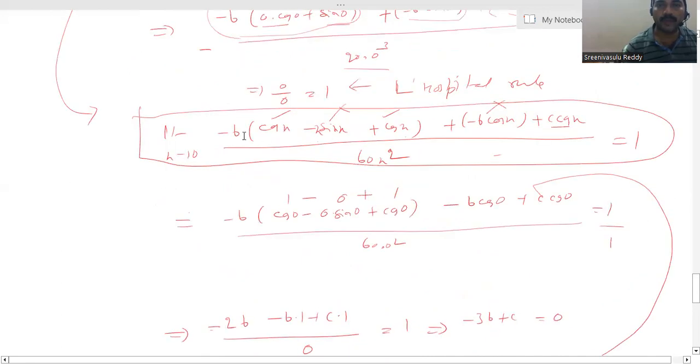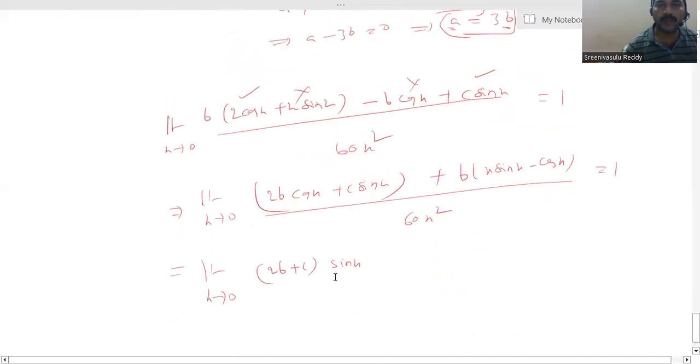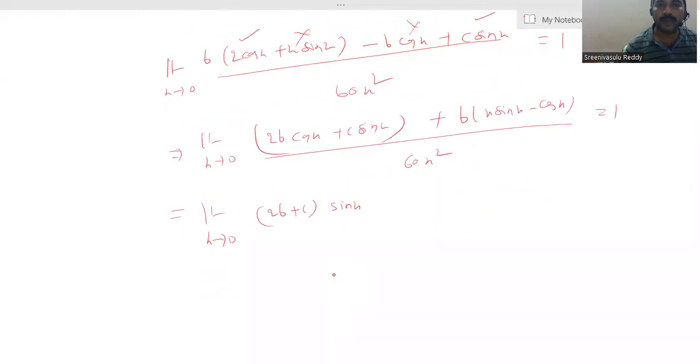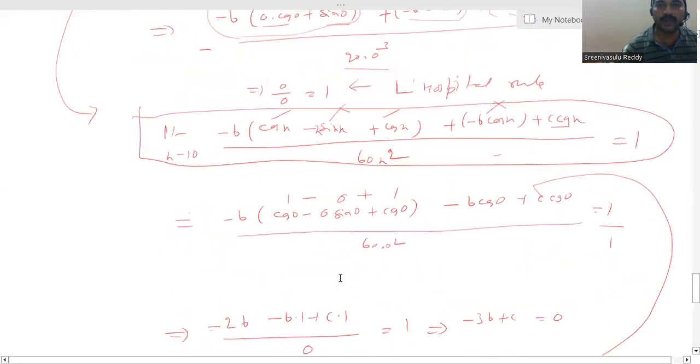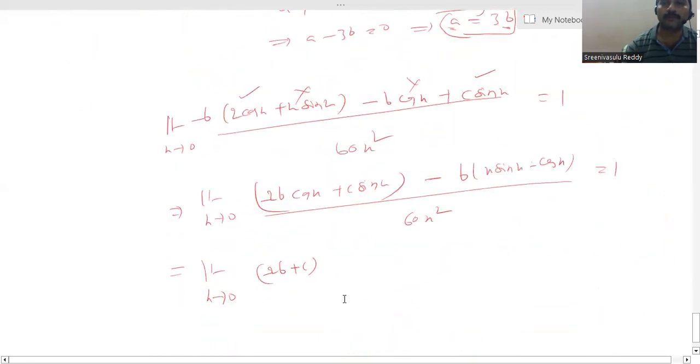Here we have minus b. That means minus b, minus 2b, minus 2c. Here this time we get minus as a common factor, minus 2b plus c into the last term, not a sin. Here we have cos. I entered here sin.